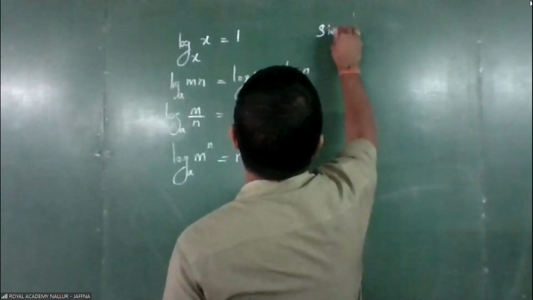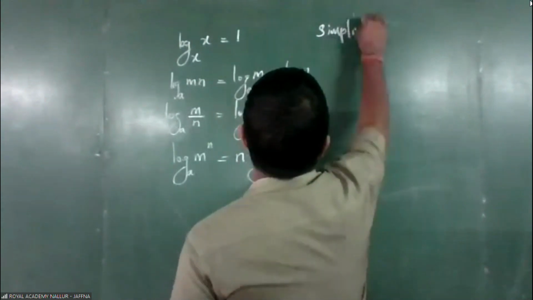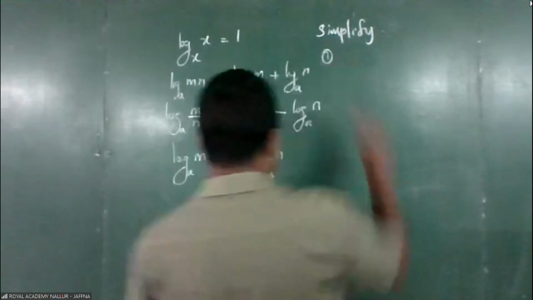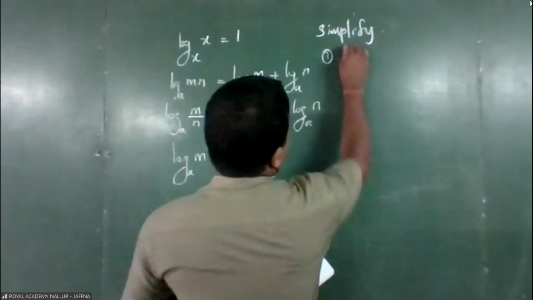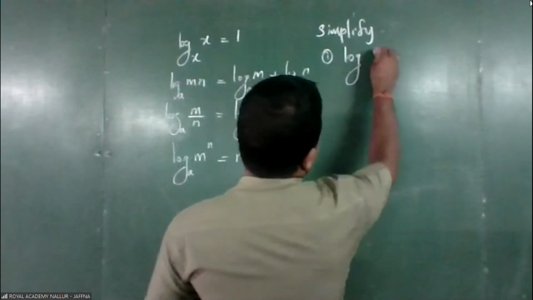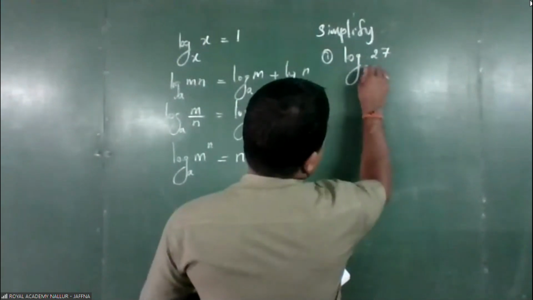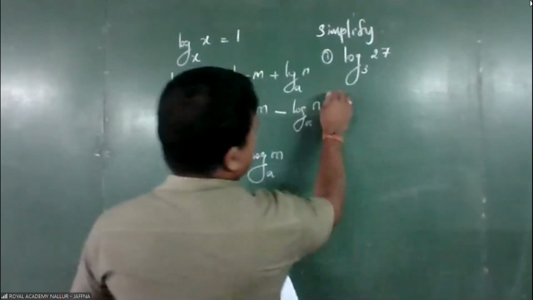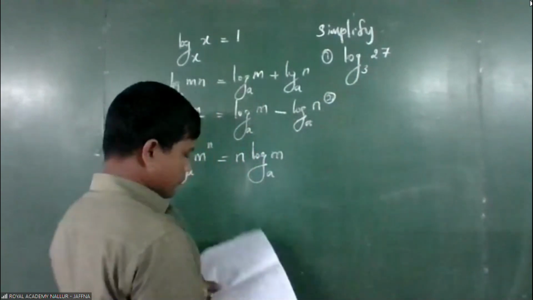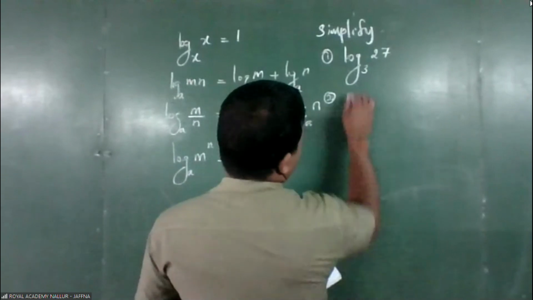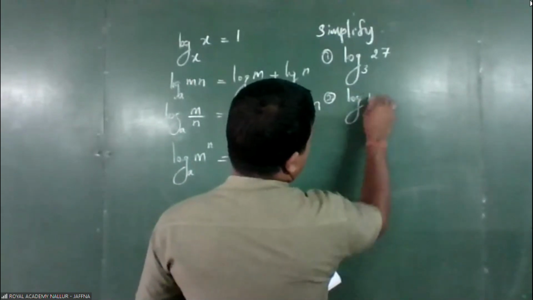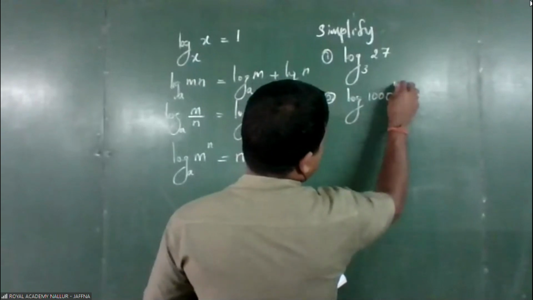Simplify. Simplification. Number 1: logarithm of 27 to the base 3. Number 2: logarithm of 1000 to the power 1/3.